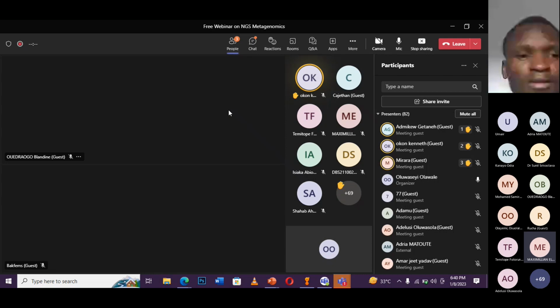Some of the advantages: one, the community. You will know the organism present in the environment. For instance, people are shouting COVID-19 in China, and they say there's COVID-19 in Nigeria. In that particular environment where the person is living, go and get the soil sample, and you could find it there.